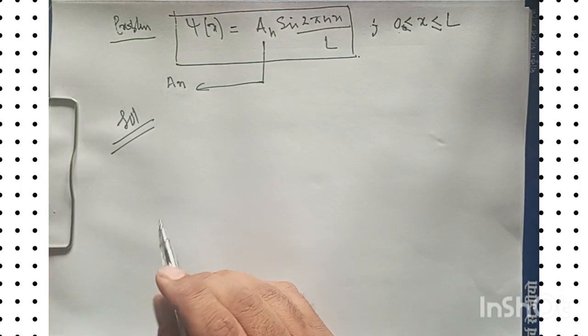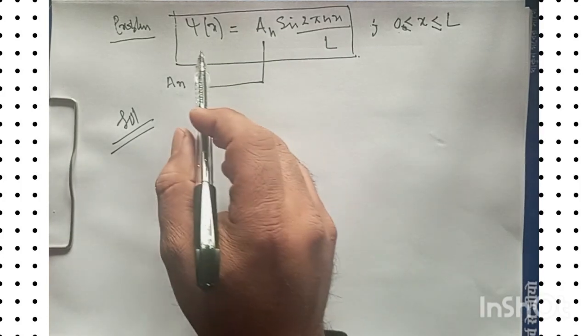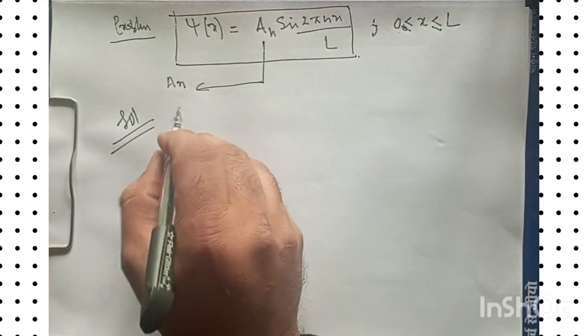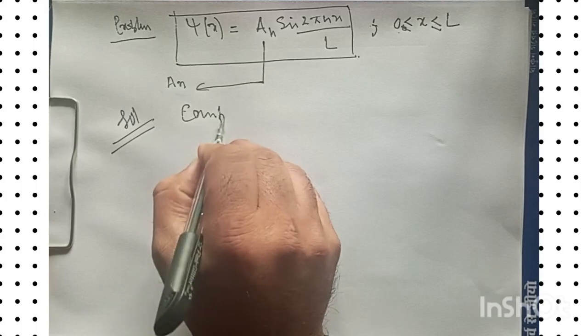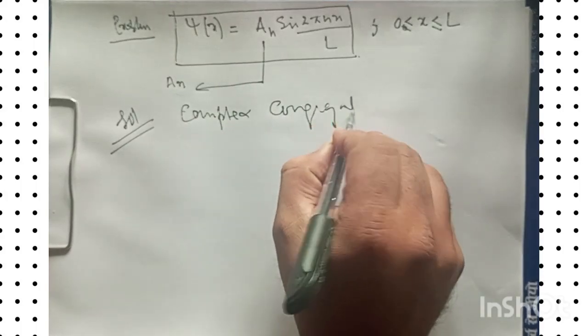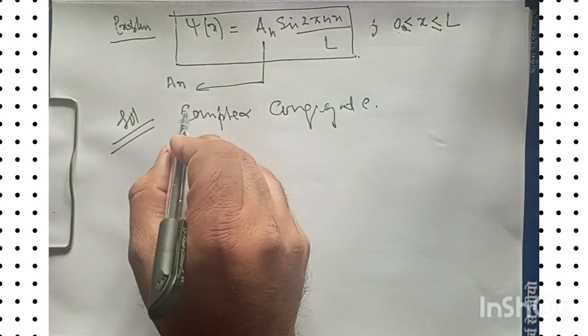the normalization condition. So this is my psi. What I am supposed to do first is to write down its complex conjugate. So what will be the complex conjugate?